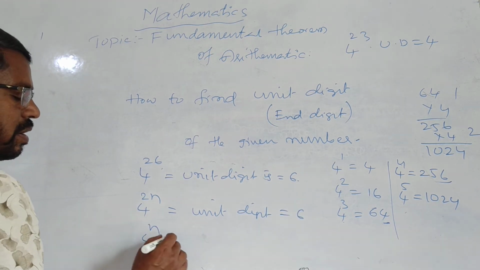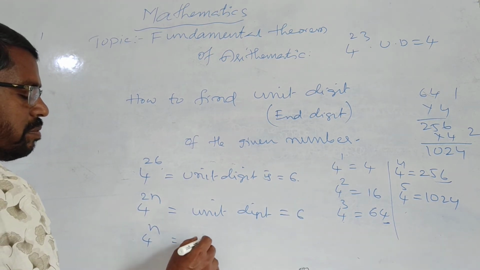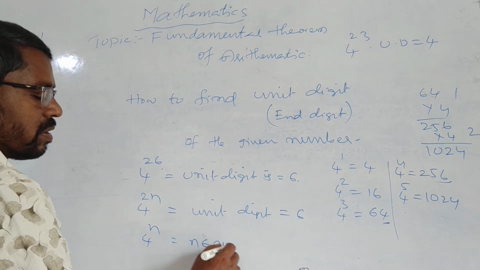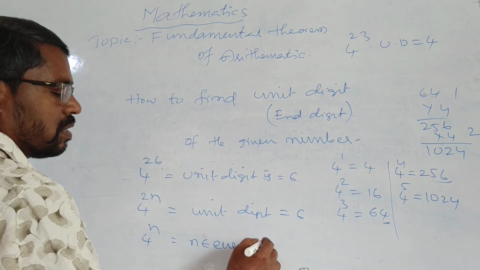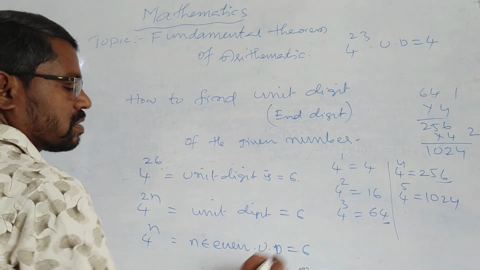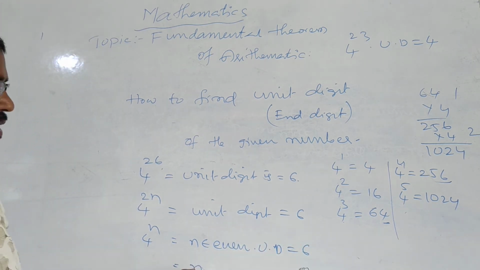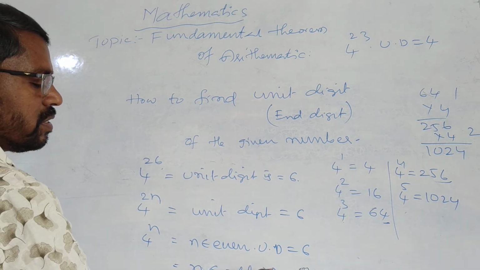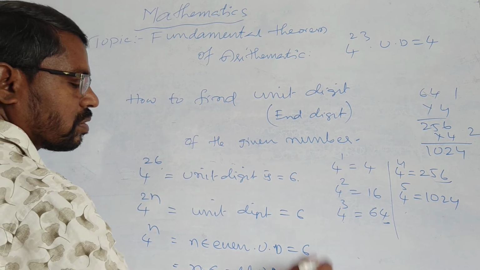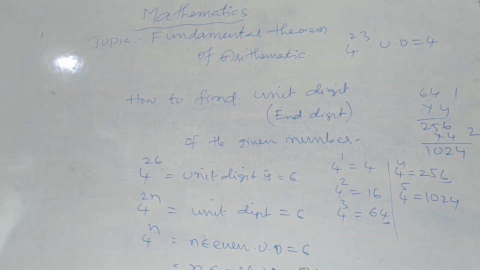4 power n, where n is even: the unit digit is equal to 6. If n is odd, what is your unit digit? 4. You can think like this.